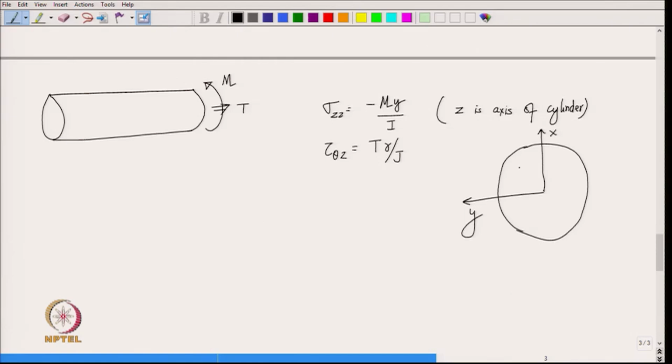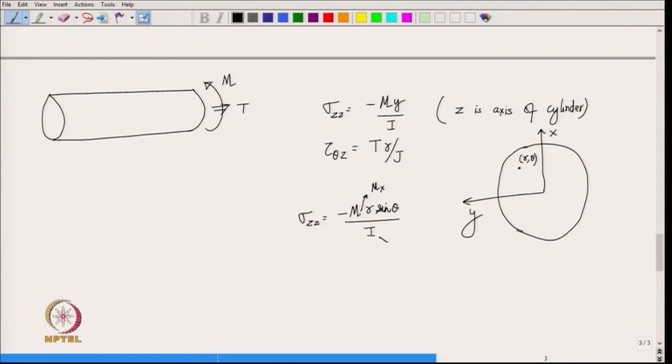So, at any point in the cross section which has coordinate small r comma theta, sigma z z becomes minus m into y, which is r sin theta, correct, and x is r cos theta, divided by I. Remember that since it is m into y, this is m x actually, the bending moment about the x axis, okay.